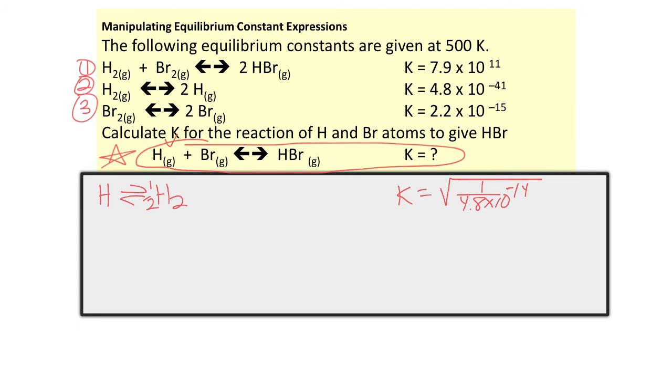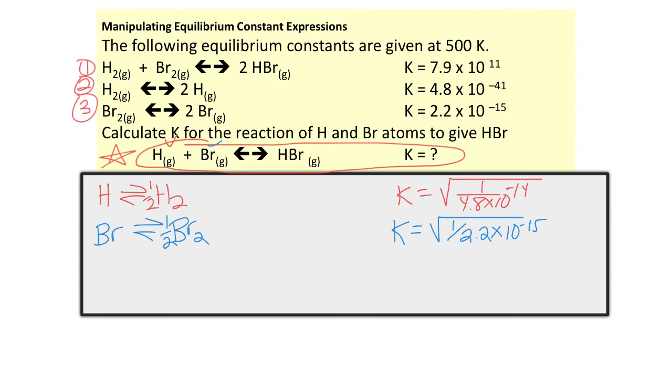I changed the coefficients, so I would have to take it to the 1/2 power, and that would give me H. All right, so in order to get Br, I would take reaction 3, and again, I would reverse it and cut it in half. So it would be Br goes to 1/2 Br2. My K for that would be, again, the square root of the reciprocal. Since I reversed the reaction, I have to do the reciprocal, and since I halved the reaction, I have to do the 1/2 power, or square root.